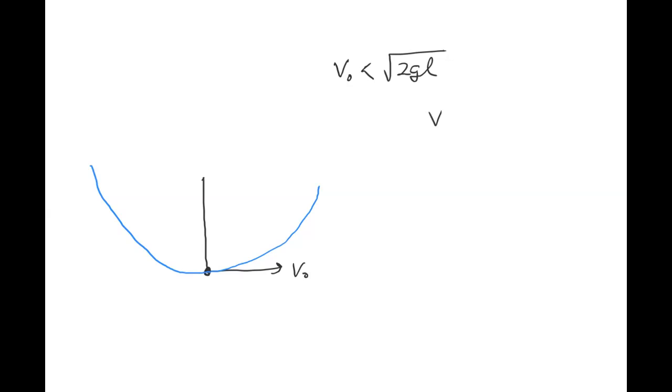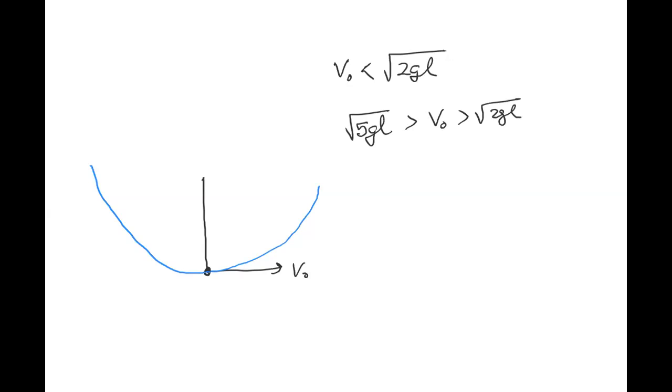V naught is greater than root 2 GL but less than root 5 GL. What happens? नहीं सोना गलत बोल रहा है ना.